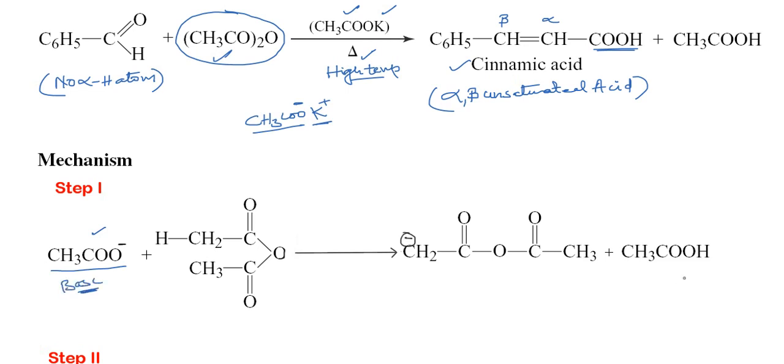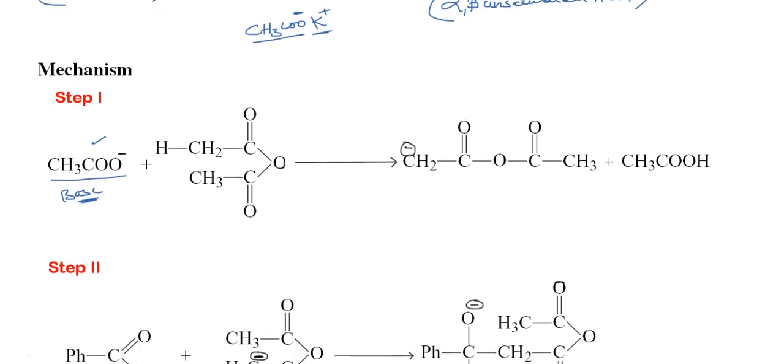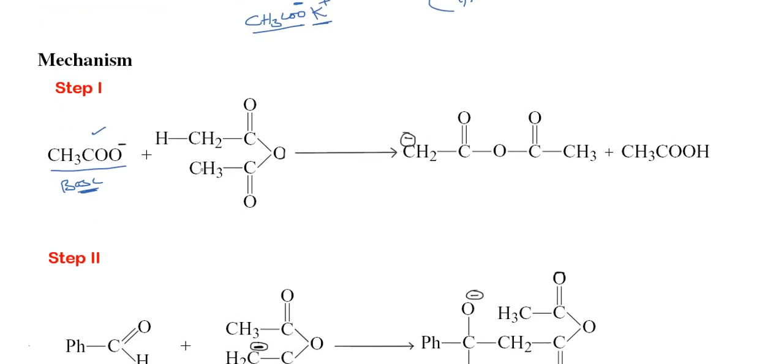Now, this is the acid anhydride, so obviously these are the alpha carbons that contain the alpha hydrogens, and due to the presence of these two carbonyl groups, these hydrogens are very acidic in nature. So when we use this base, it will take away these hydrogens.